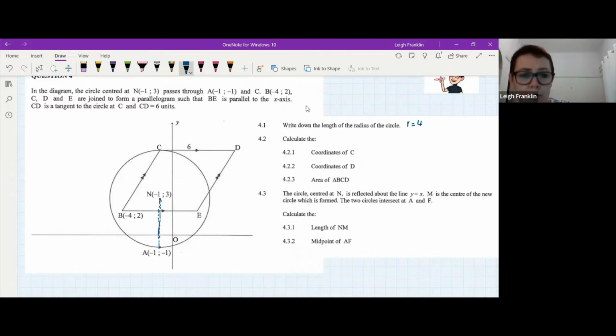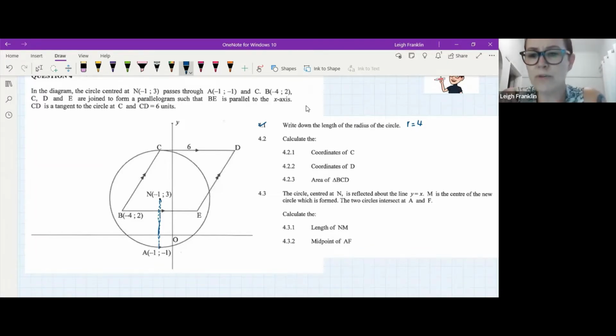Good. Next question. They want us to calculate the coordinates at C. Now remember, in analytical geometry, just like with Euclidean geometry, they are building a picture. So what you've already calculated is your starting point, and then you're going to use that information throughout the question.